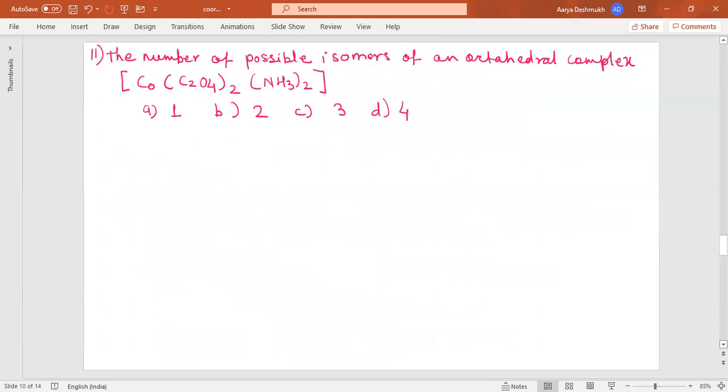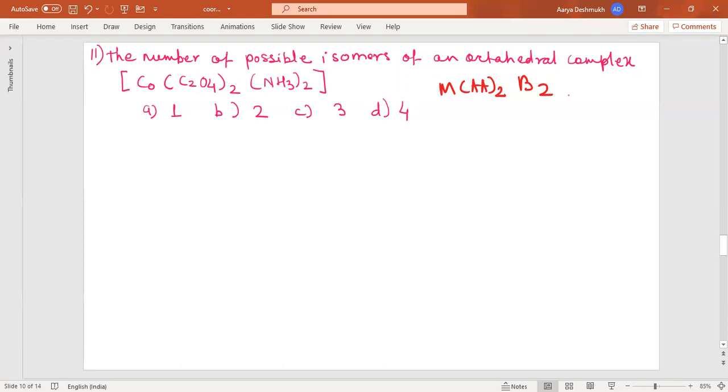The number of possible isomers of an octahedral complex. Now remember here, this is again an M(AA)2B2 type of complex. We have already solved the question based on this and already discussed it.